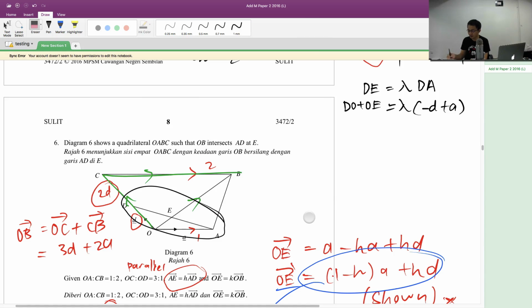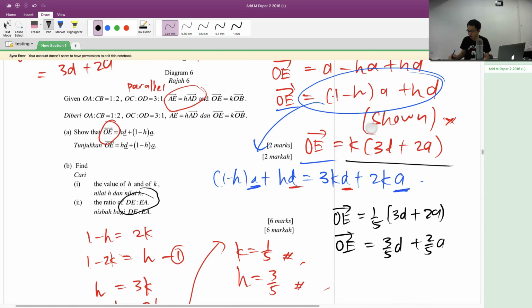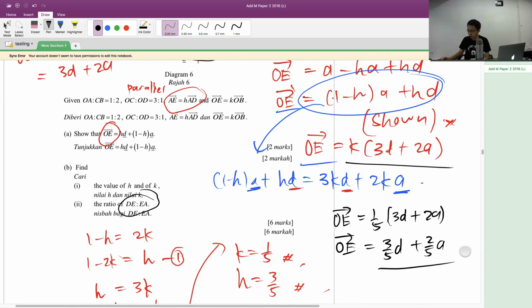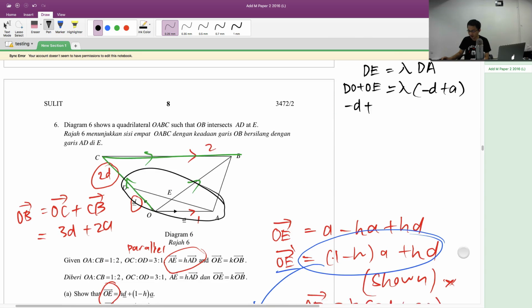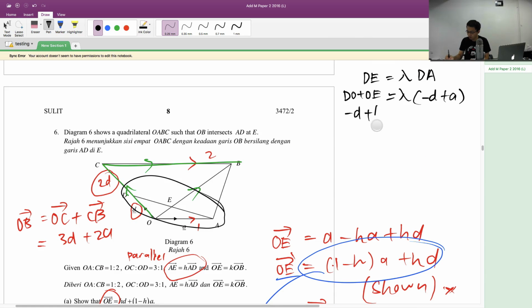Then we have DO, which is the opposite, just negative D. And we have OE, which is why I found OE just now. So 2 over 5 A plus 3 over 5 D equals lambda times negative D plus A.